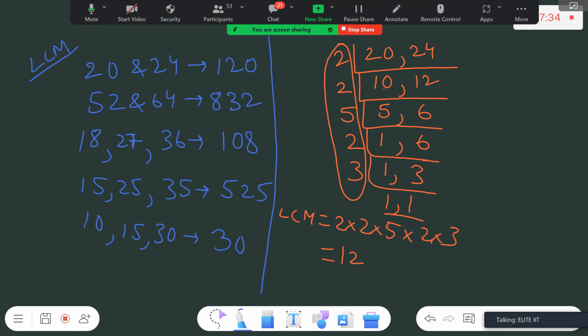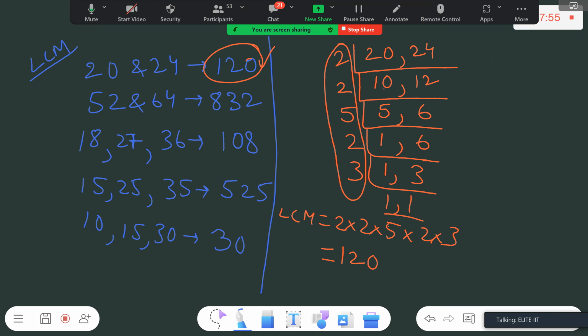How much? It will come out to be 120. Clear? This is how we do the division method.